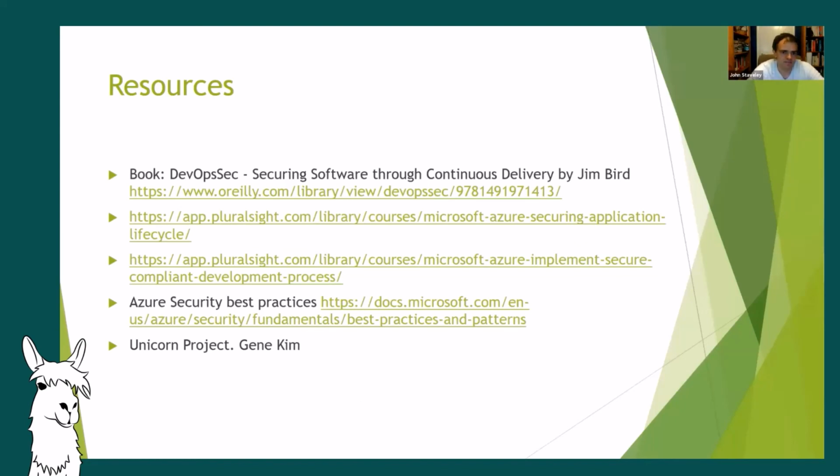There are a couple of Pluralsight courses on some of the tools we covered today, securing the application lifecycle and Azure Secure Compliant Development Process. The Azure Security Best Practices is a very readable document that covers a broad brush of some of the things that the tools will tell you and how they'll implement. So that's worth reading.